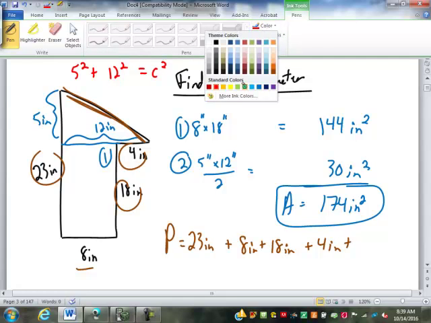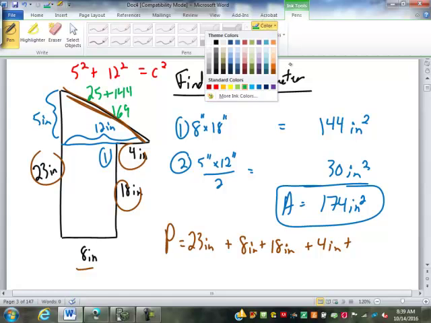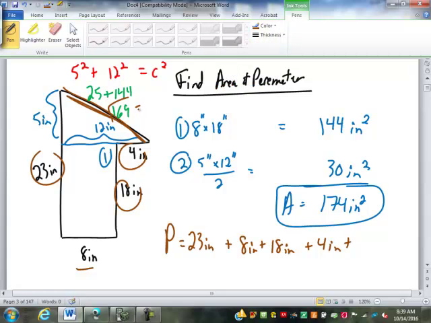If we go through the process, you get 25 plus 144, that makes 169. So when you square root it, you get 13 inches. So we add those all up, we get what? 66? Look right?